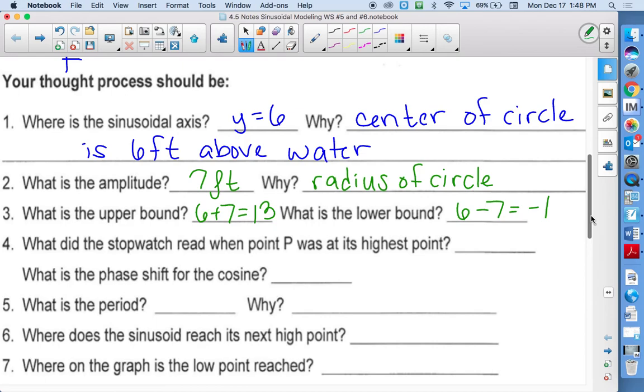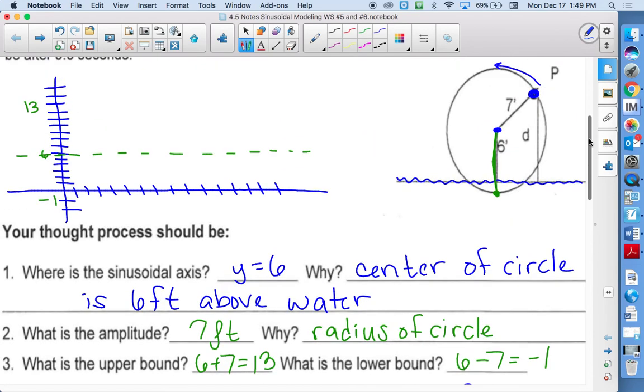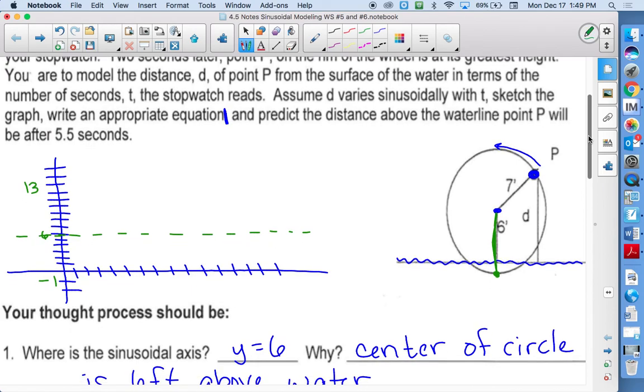So what did the stopwatch read, or what did your phone read, when point P was at the highest point? How long did it take to get to the highest point once you started the stopwatch? Chelsea? 2 seconds. So on our little graph, if you go to where 2 seconds is, over 2 on the x-axis, you're now at 13 feet.